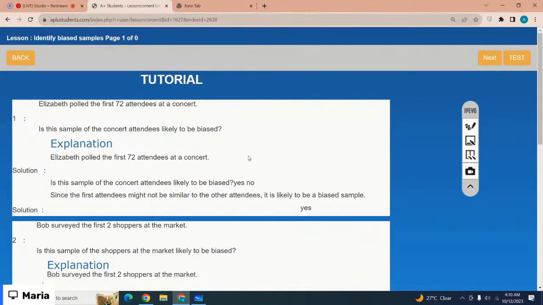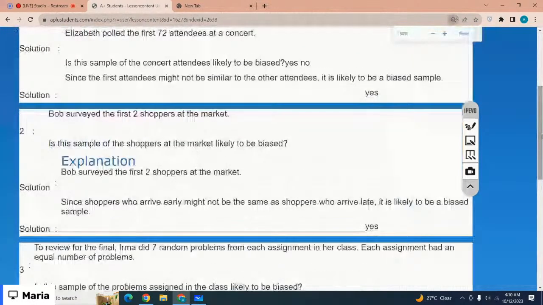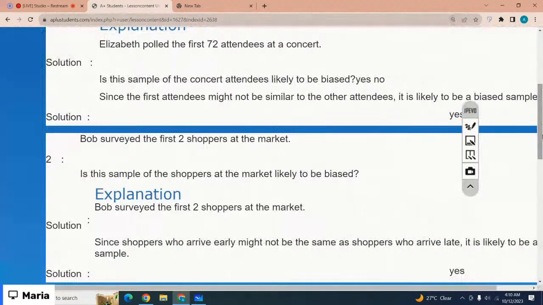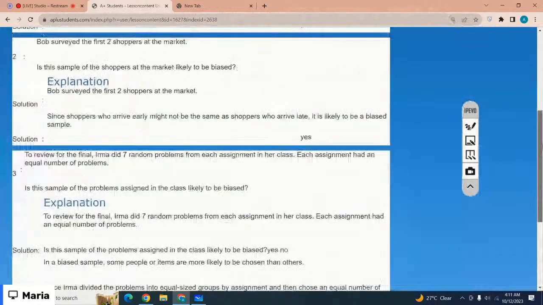Then another example: Bob surveyed the first two shoppers at the market.